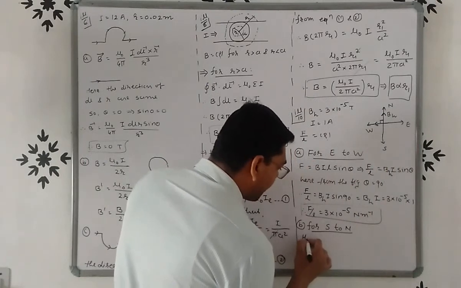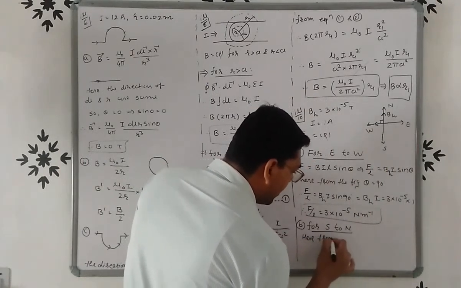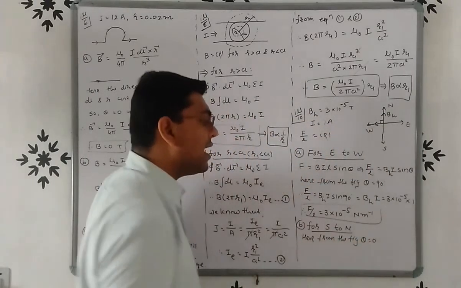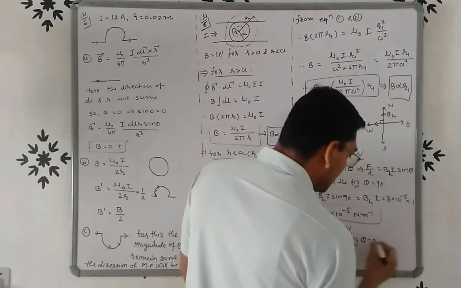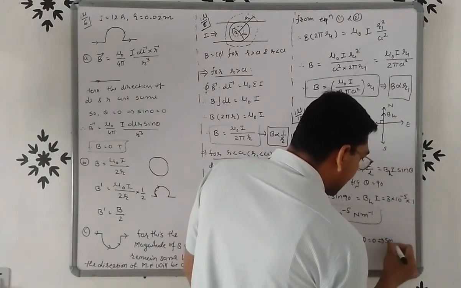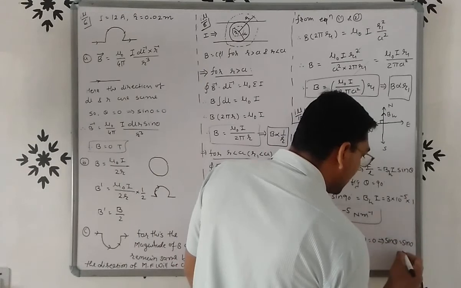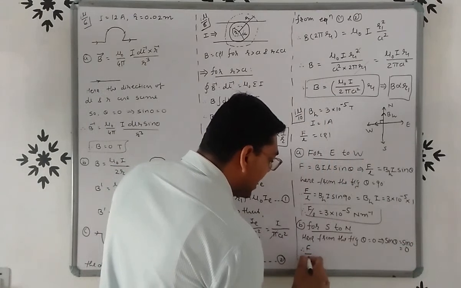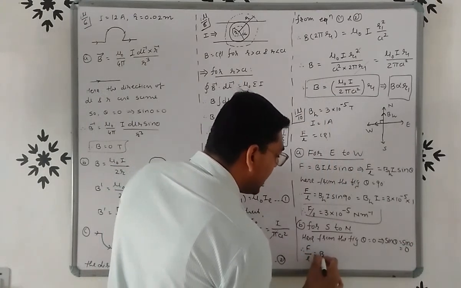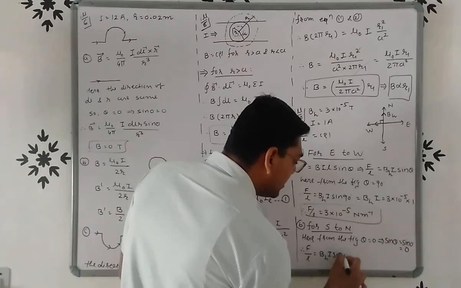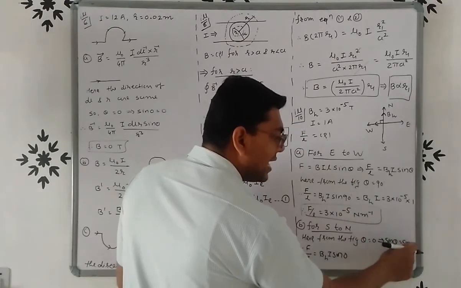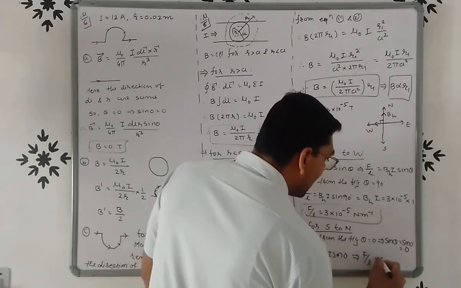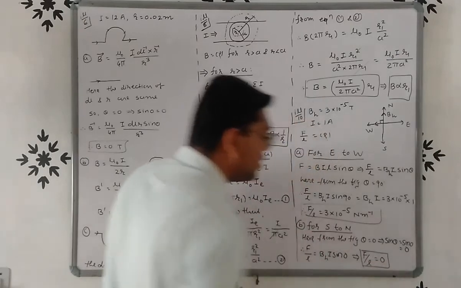So from the figure, theta is equal to 0. Why? Because the direction is the same. So if theta is 0, then sin theta is equal to sin 0, and we know that sin 0 is equal to 0. So F by L is equal to BH I sin 0, which is 0. So force per unit length F by L is equal to 0, right?